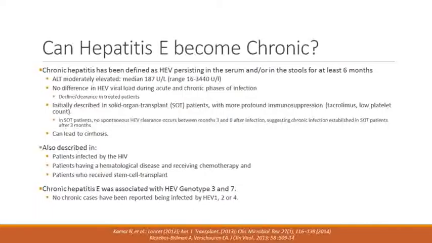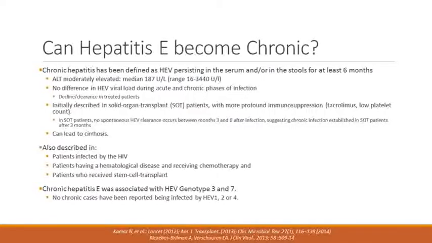Can hepatitis E become chronic? Yes. Hepatitis E was demonstrated to become chronic, and it becomes chronic after the observation for at least 6 months. This is the definition of a chronic hepatitis E. ALT is moderately elevated with median 187 and the range between 16 and 3,400 units per liter, but mostly it's just moderately elevated.